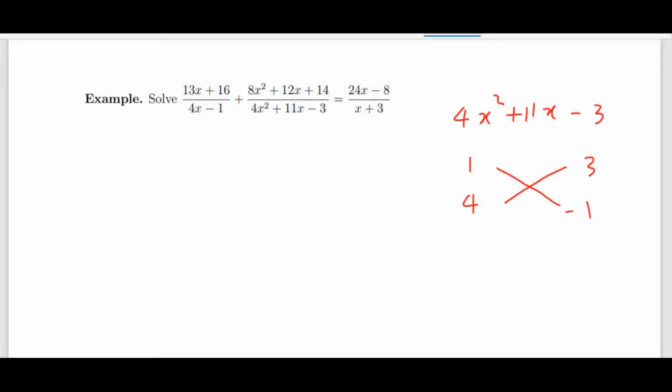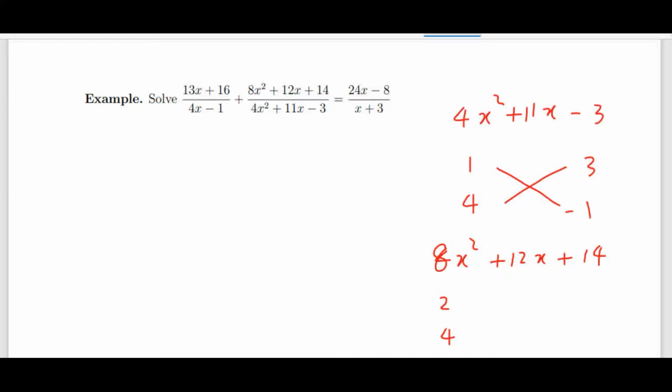Okay, so for the numerator, 8x squared plus 12x plus 14, let's try to factor this. Here 8 is 2 times 4, let me try 2 and 4. 14 can only be factored as 2 times 7, right?